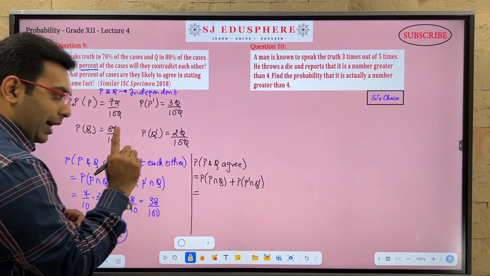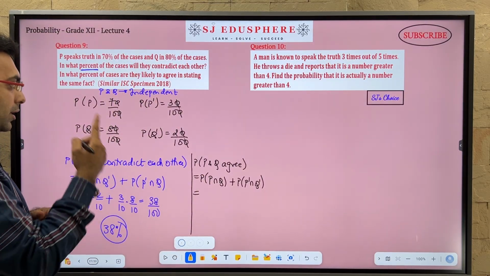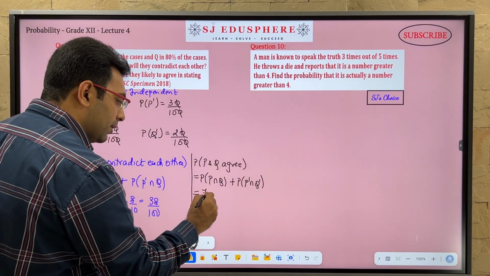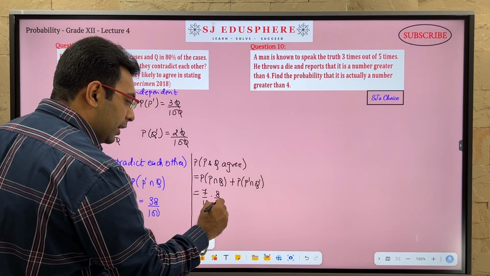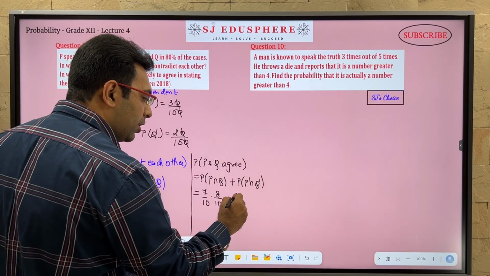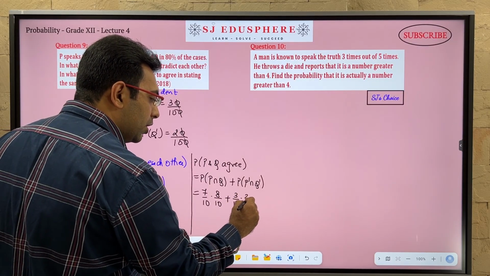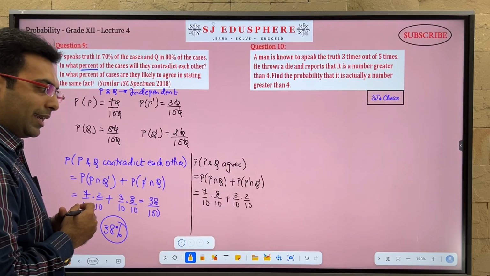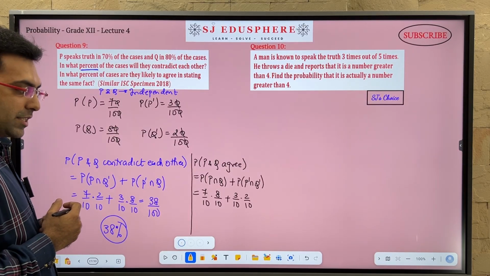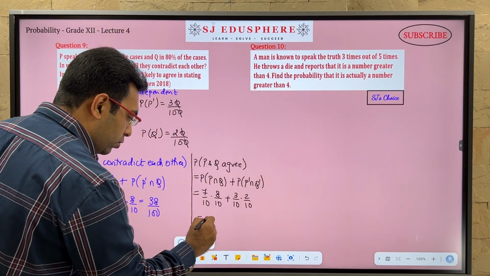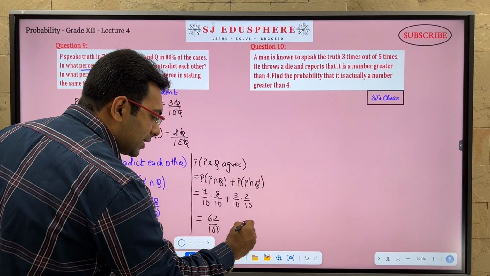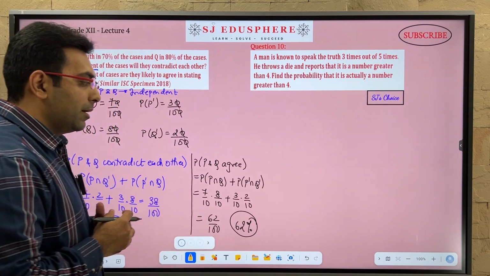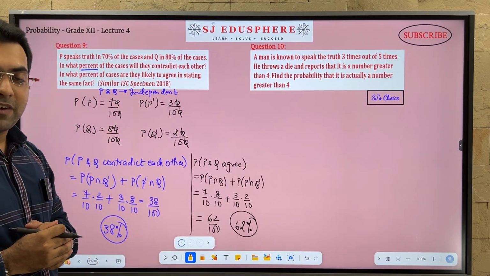That means again independent. So the product: probability of P is 7 by 10, probability of Q is 8 by 10, P complement is 3 by 10, Q complement is 2 by 10. 7 8s are 56, 56 and 6 is 62. This becomes 62 upon 100. That means in 62% of the cases, P and Q will agree upon the same fact.